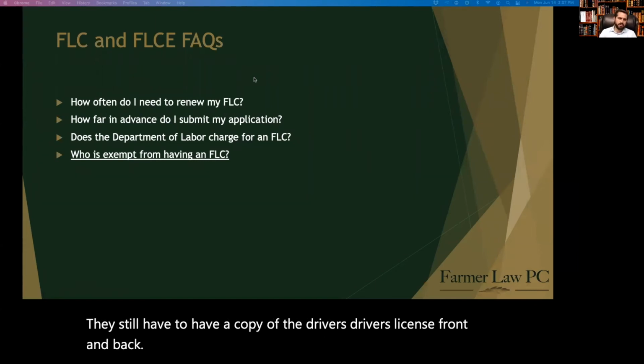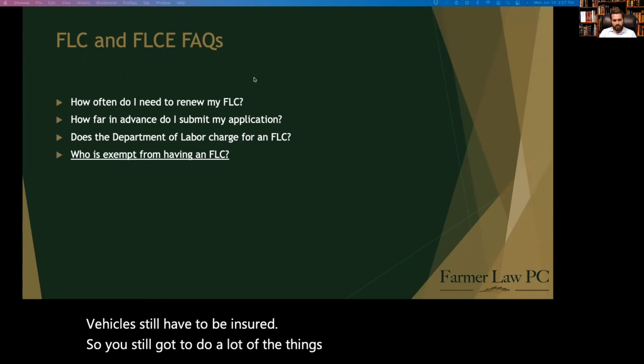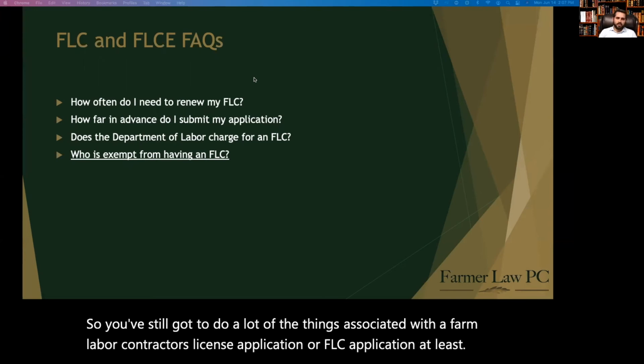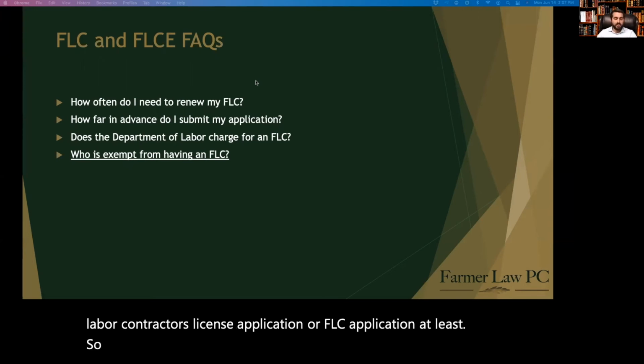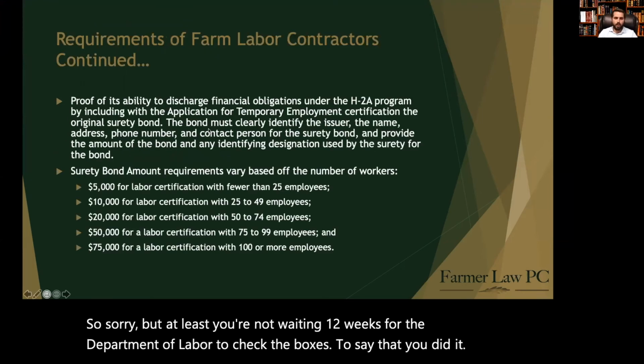Vehicles still have to be insured. So you've still got to do a lot of the things associated with a farm labor contractor's license application, or an FLCE application at least. So, sorry. But at least you're not waiting 12 weeks for the Department of Labor to check the boxes to say that you did it.